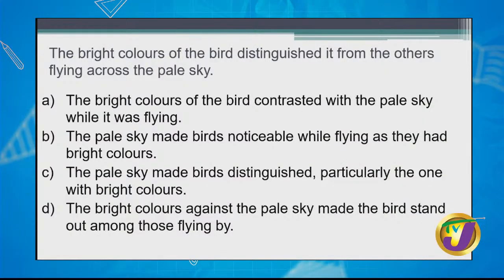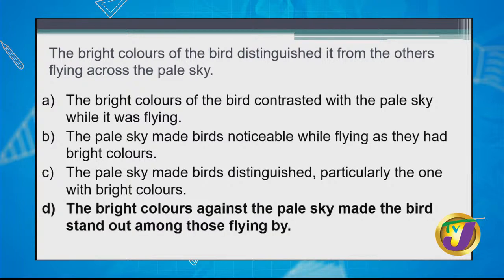You know which one it is. Which one says this bird has bright colors, and because of that, you can make it out. You can see it distinctly different from the other birds. Not necessarily just against the sky, but you can see it against the other birds.